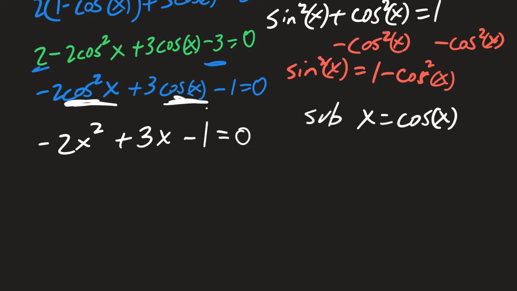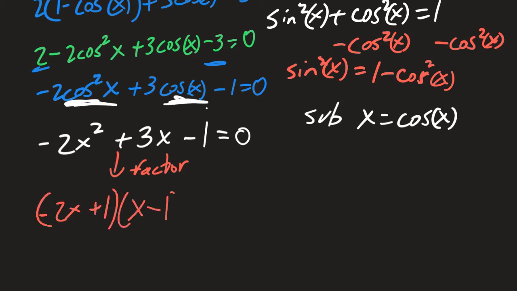And now I'm going to factor this, okay? So go back to some algebra notes if you need to, but remember, we're going to factor again. And by factoring this, we should end up with negative 2x plus 1 and x minus 1.